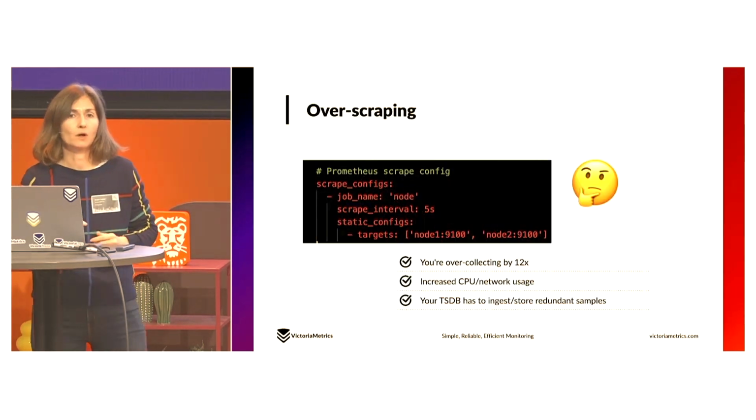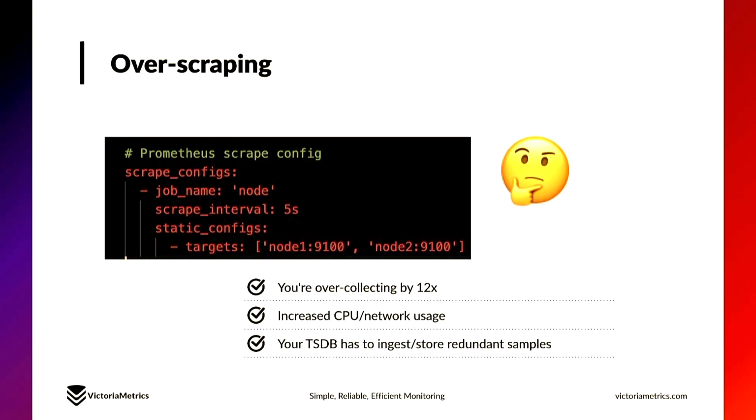So what about overscraping? Overscraping is, for example, when you define a scrape job and you use a scrape interval that is lower than the interval of time for when your metrics change. So normally, let's say you have 30 seconds or 60 seconds, depending on the interval of time when your metrics change, and in your scrape job you define a lower scrape interval.